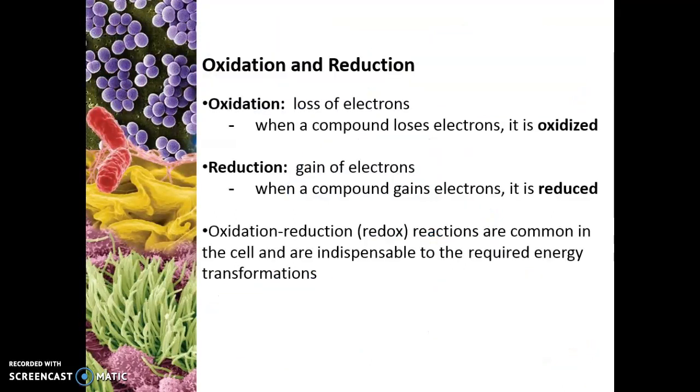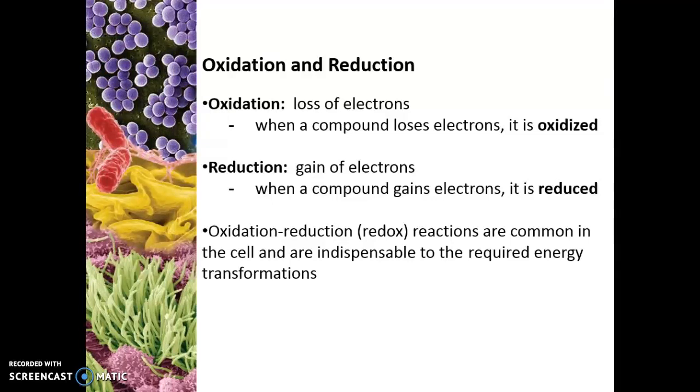All right, so one of the two major concepts in this section is the oxidation and reduction reactions, or sometimes just referred to as redox reactions. This section starts off by saying some atoms and compounds readily receive electrons and participate in the oxidation, the loss of electrons, or reduction, the gain of electrons.